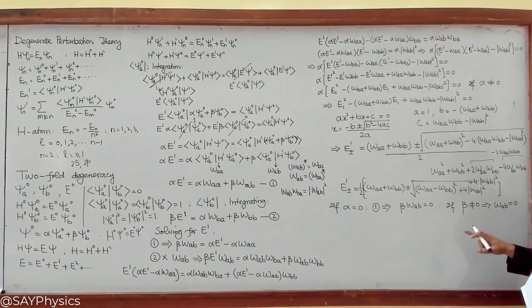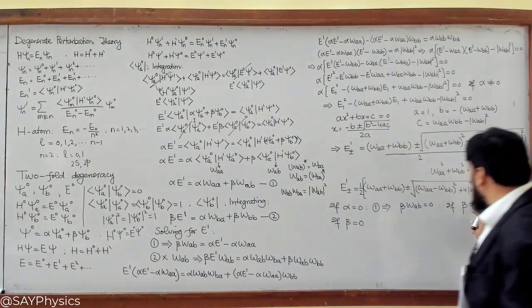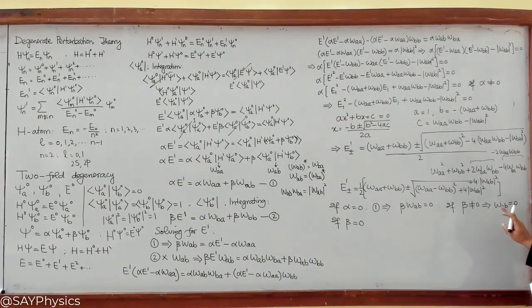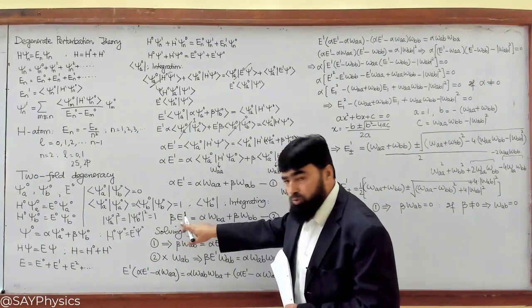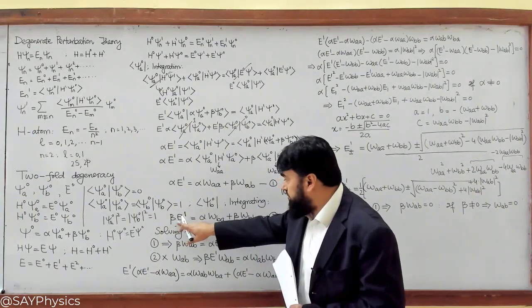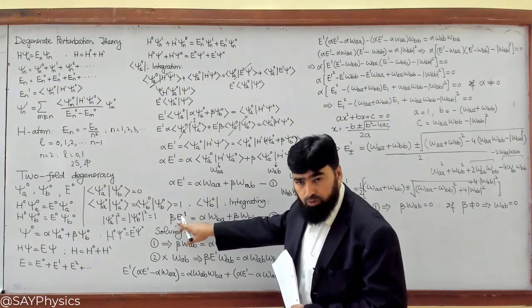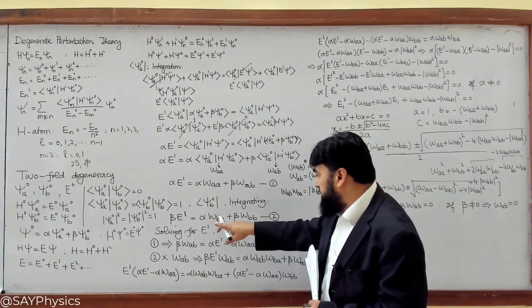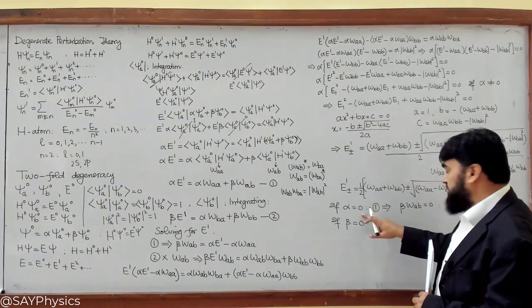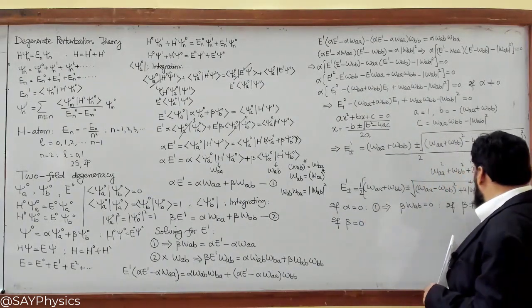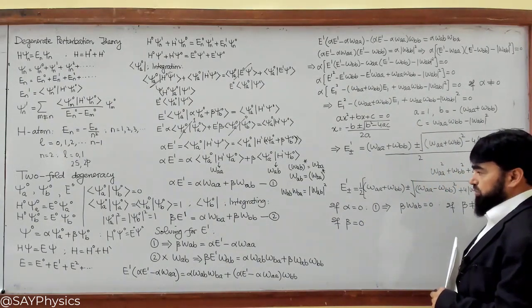And what if beta is 0? Beta non-zero, we know that this one is equal to 0. But what if beta is equal to 0? Then come here. Beta is equal to 0, this will give you 0. But what about this one? If alpha is 0, then this is equal to 0, WAB is equal to 0.